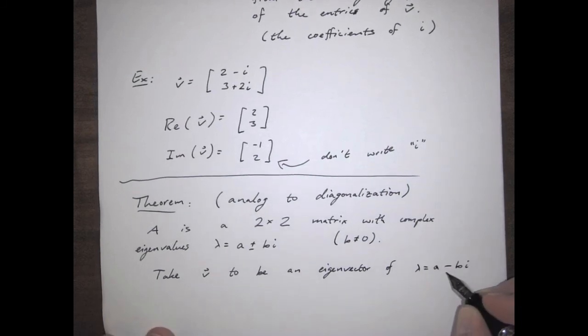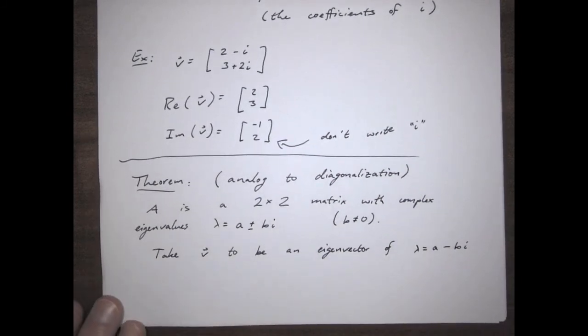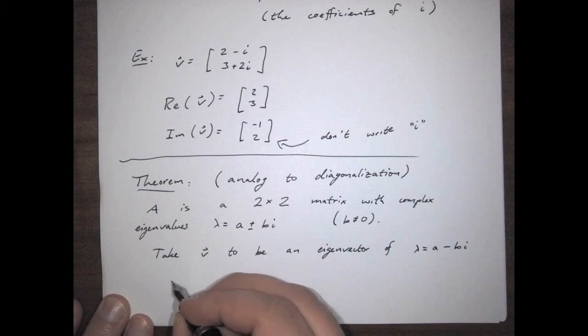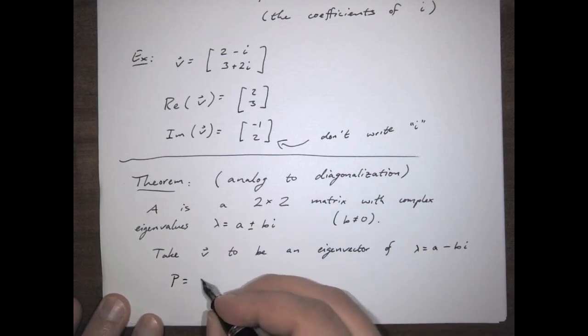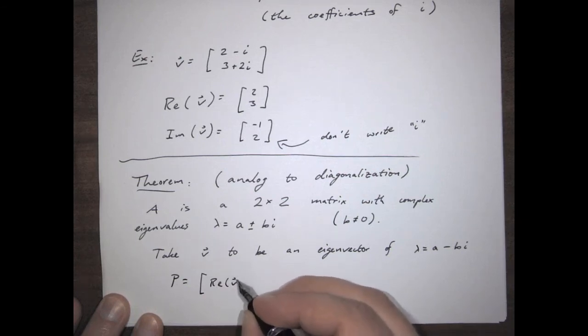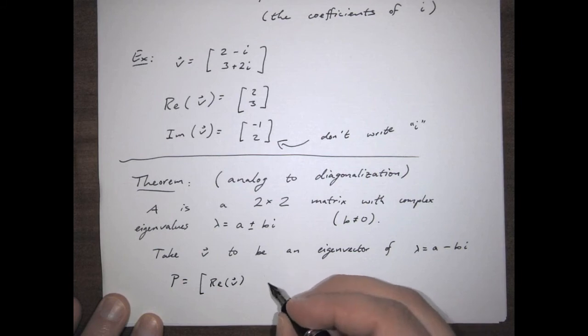So we're taking the negative one here, so minus bi. All right, then set P equal to the real part of v, and then the imaginary part of v.